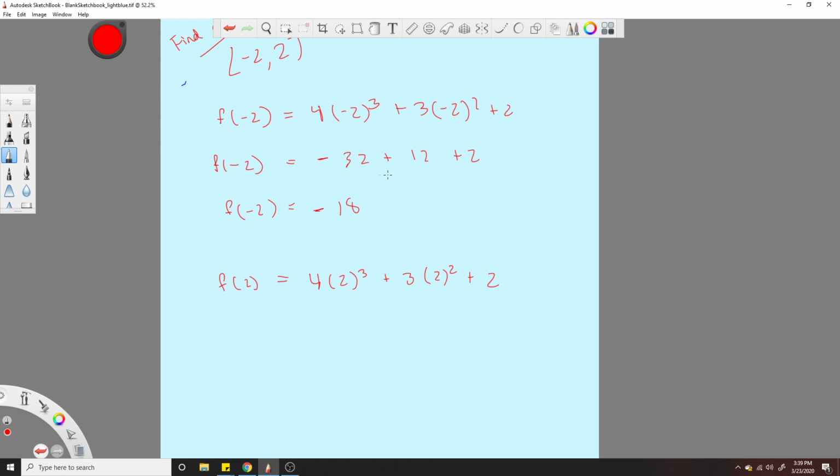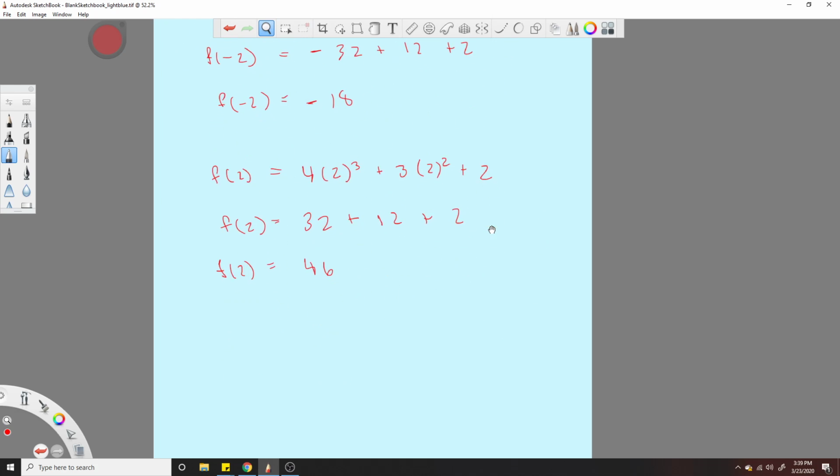This is all positive numbers, so you expect this to be a bit larger. This will be a 32, a 12, and a 2. 32 plus 12 plus 2 is 46.